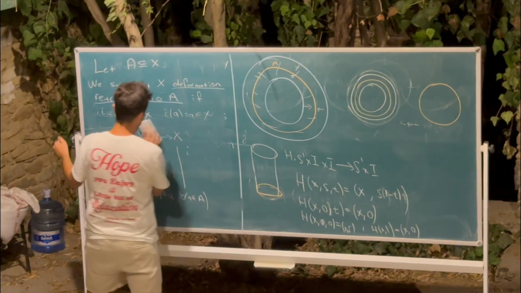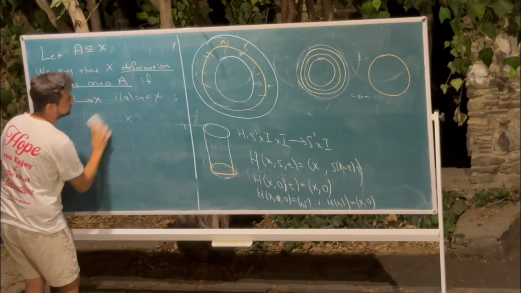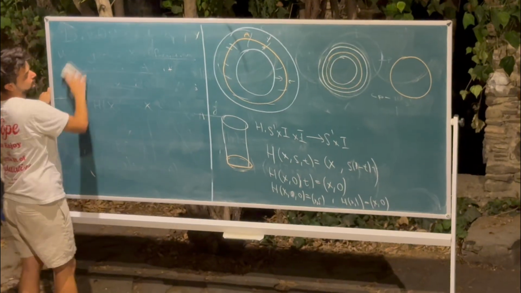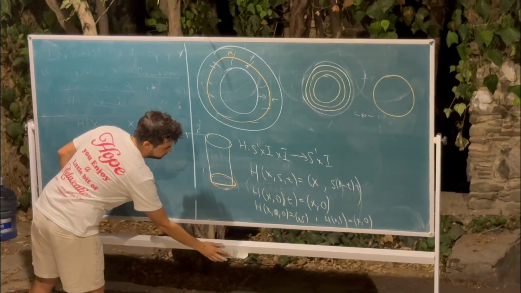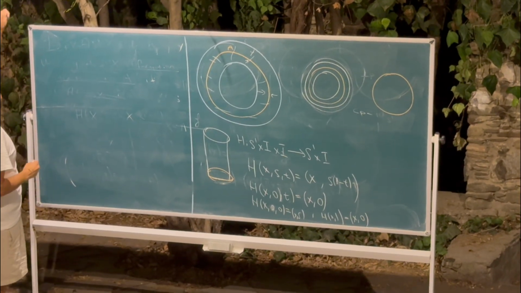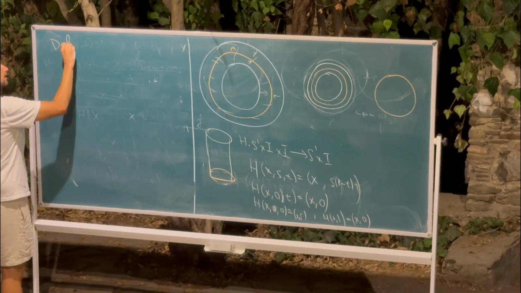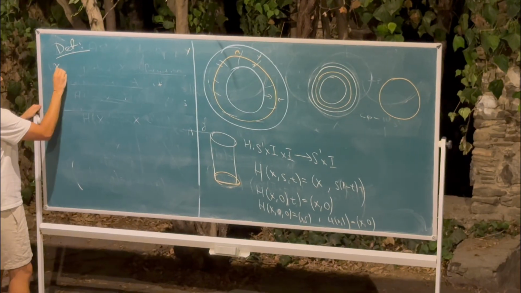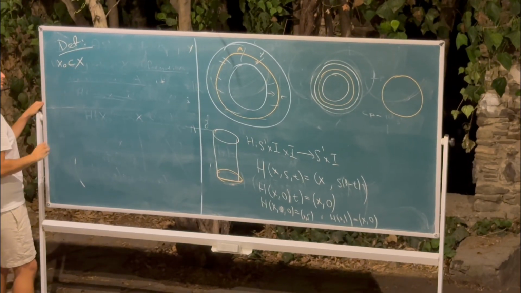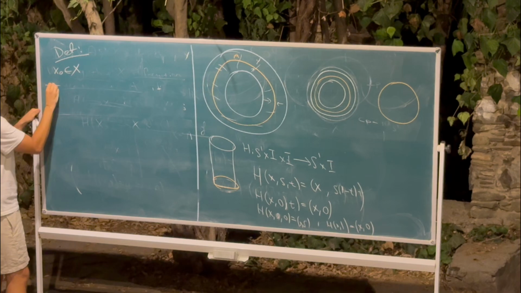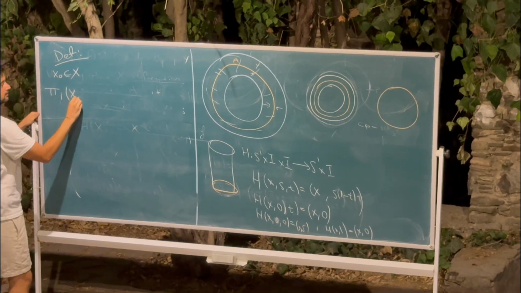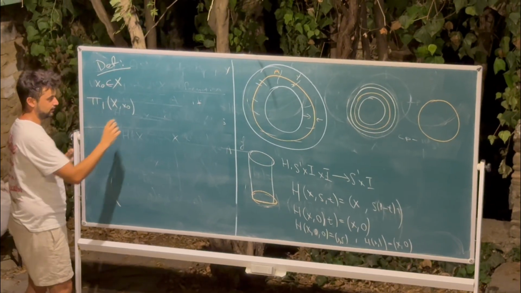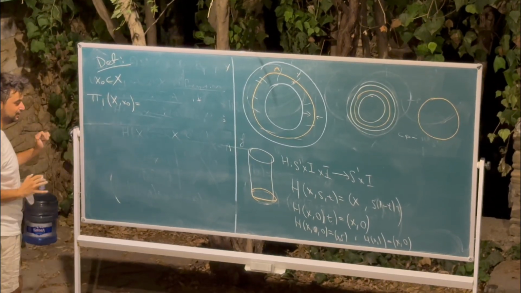So now, since loops are paths, which are somewhat special, I can also define it on loops. Definition: let's fix a point x0, and I'm going to define pi 1 of X, x0, which is called the fundamental group of X. It's a very important object.